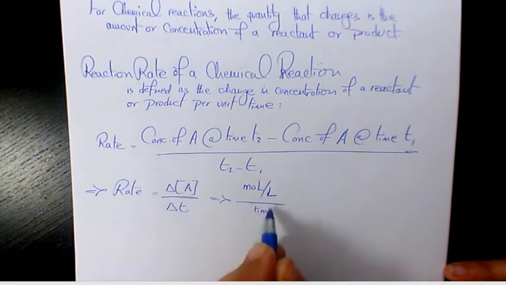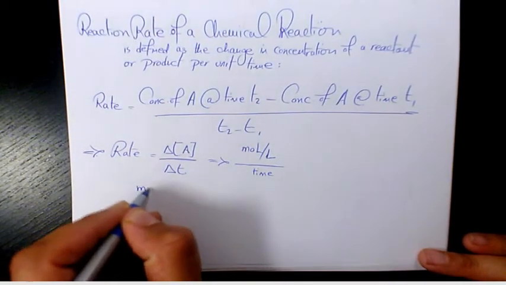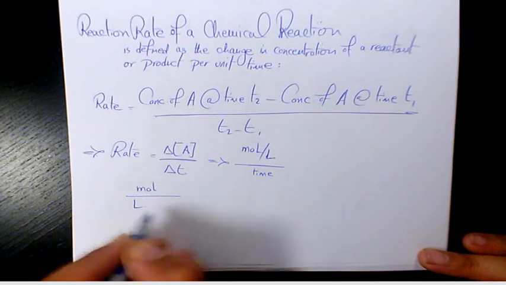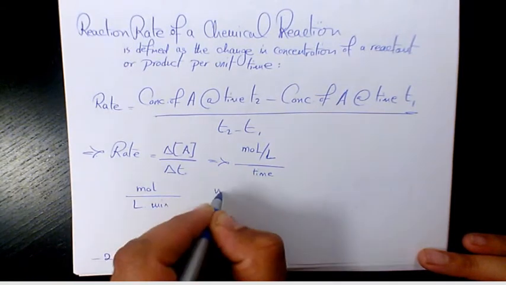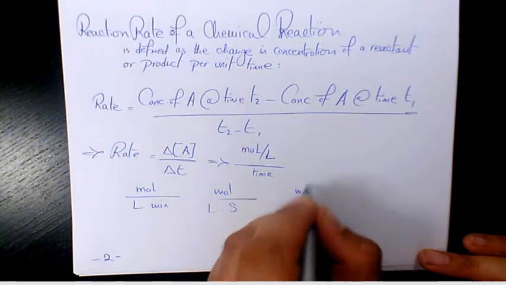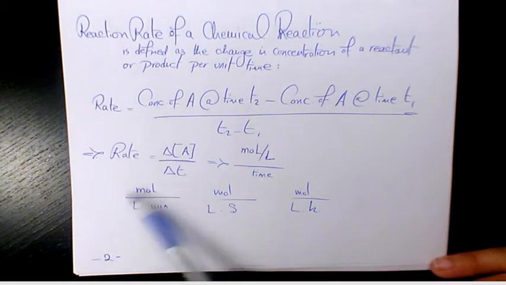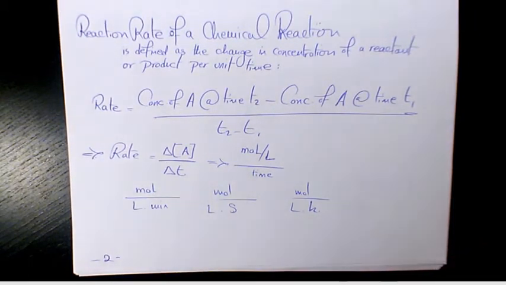This time can be minutes, hours, or seconds. Let's say if it's in terms of minutes, we have mole per liter per minute, or mole per liter per second, or mole per liter per hour. We can have any of these. Mole per liter per minute is the most common one out of all these examples.